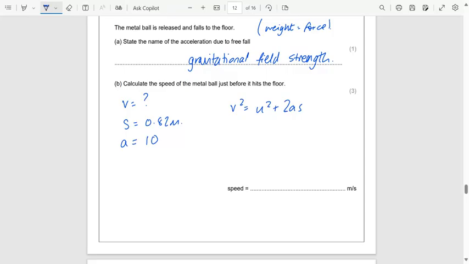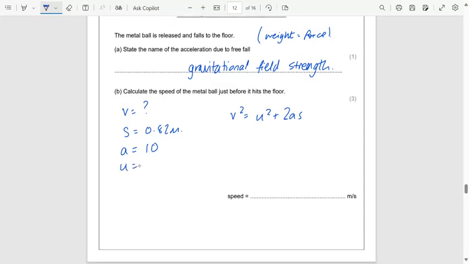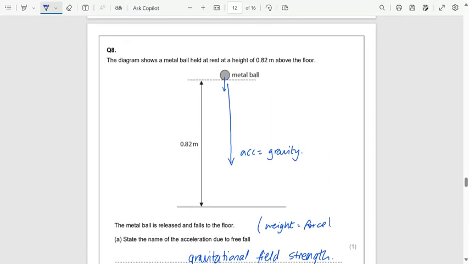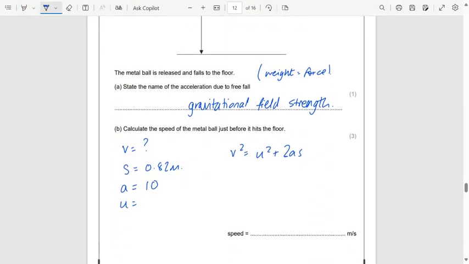V, U, A, S. So, I haven't got U, or have I? So, U is the initial speed, and I'm actually told that up here. It's held at rest. So, my initial speed is 0.